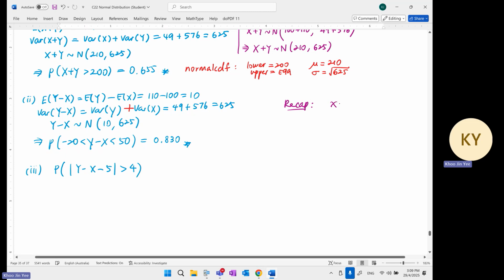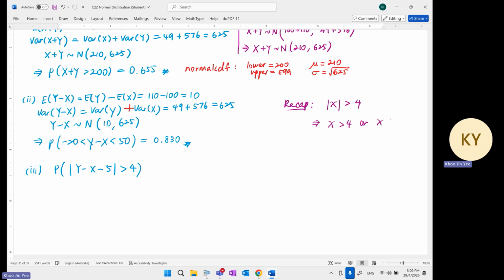When modulus x is greater than 4, what happens? It is either x more than 4 or x less than negative 4, right? The second thing to recap is modulus x less than 4. It will open up to negative 4 less than x less than 4, so x is in between these two numbers. These two results we need to use very fast.